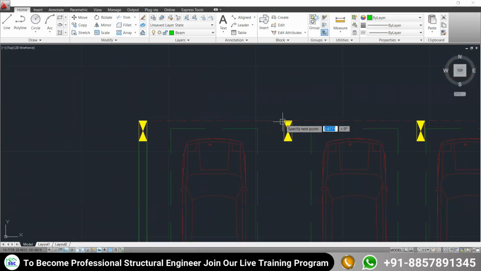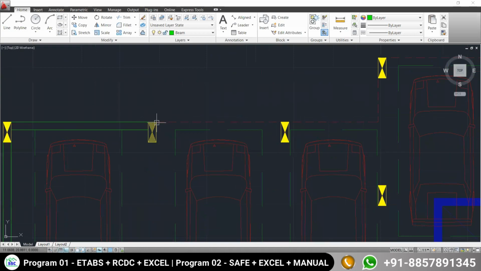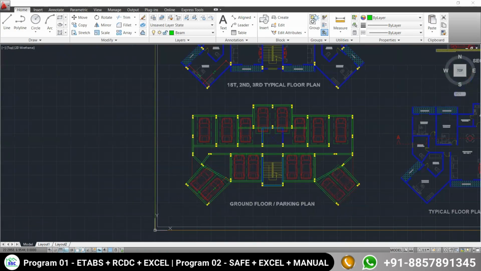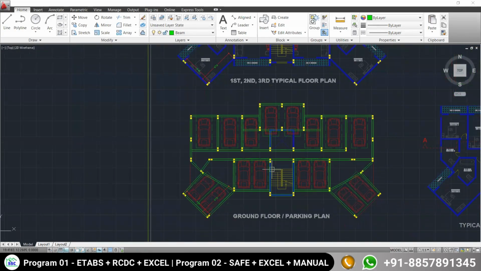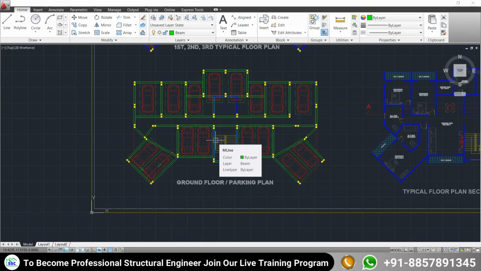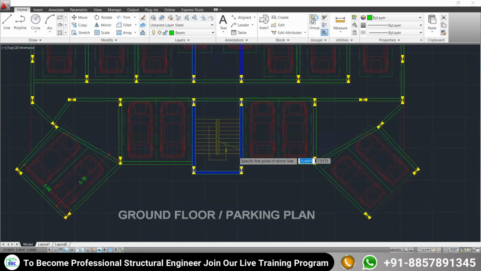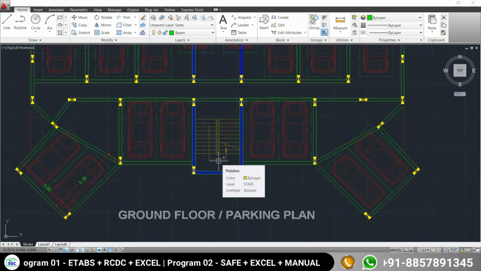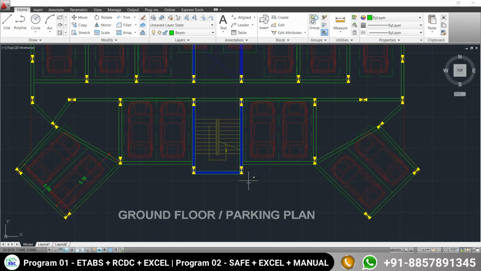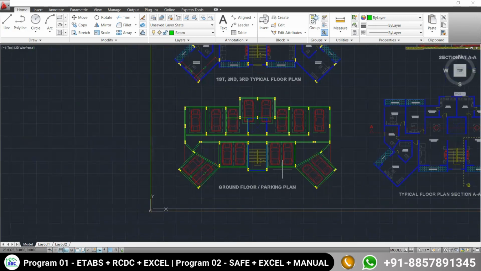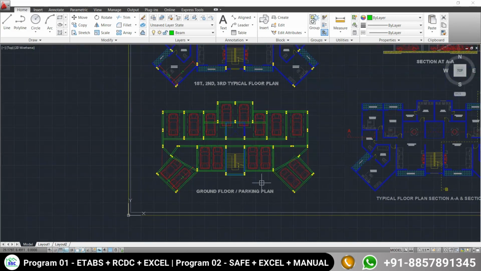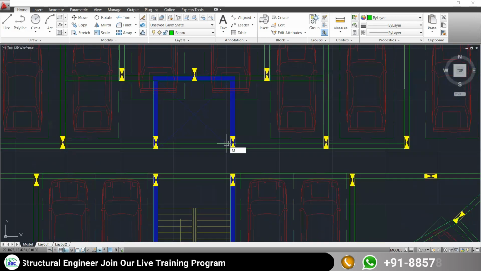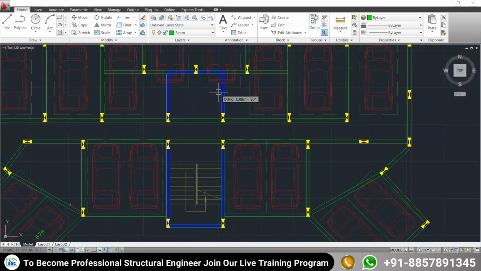Is it visible to all of you? Yes, sir. Can you go with this arrangement? Okay. So in this way, we have to decide the positioning of the beam at the ground level. Let me also take the beam here from here to here. Done.